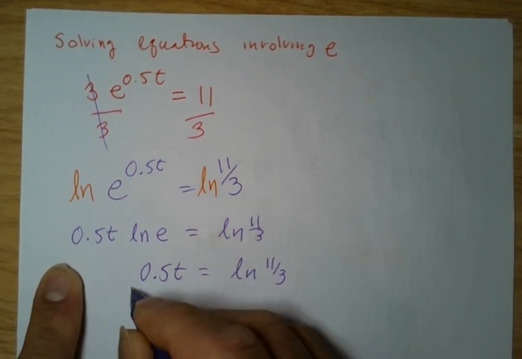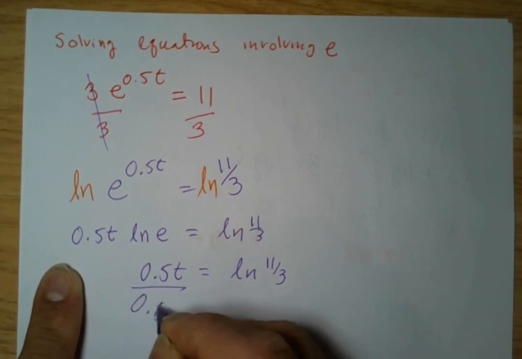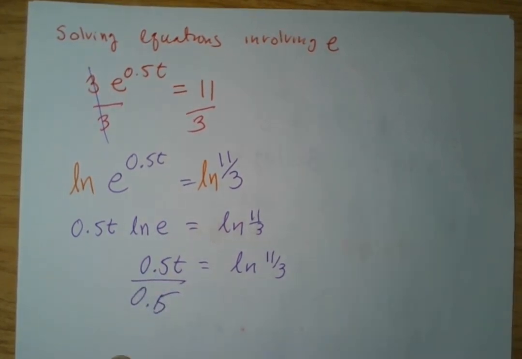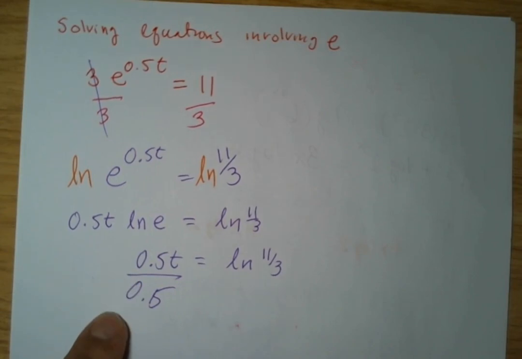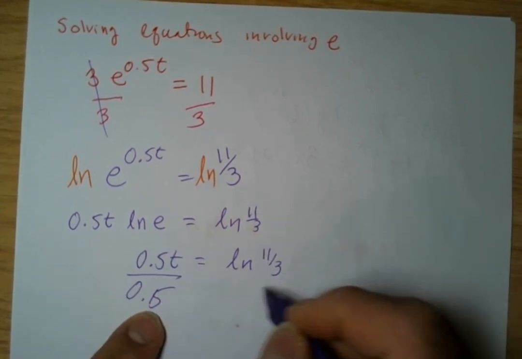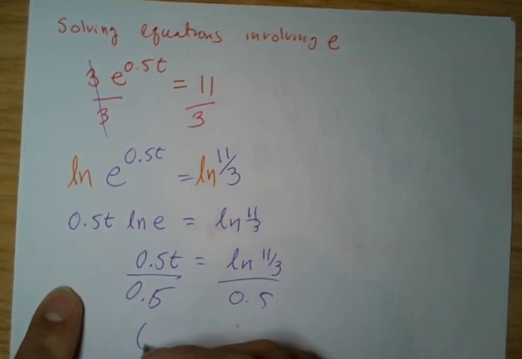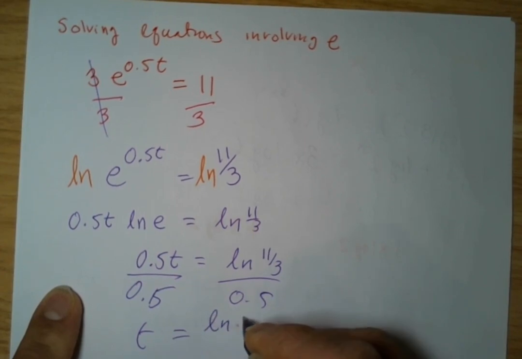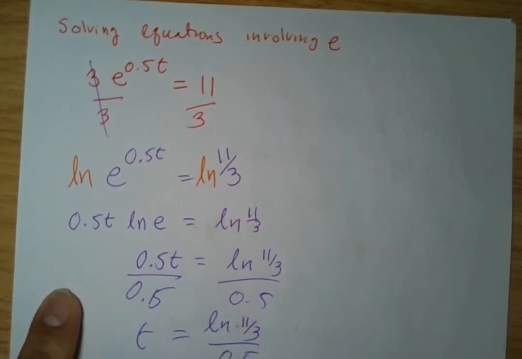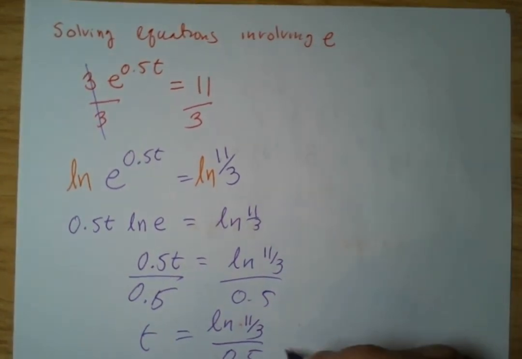And then the next step, we're almost there, we have the t by itself. We divide by 0.5 on both sides, and we get t equals ln of 11 over 3, over 0.5. Let's say that we did want an approximation for this value.